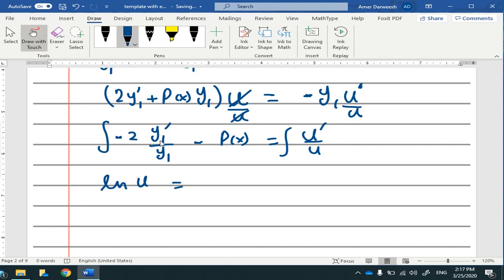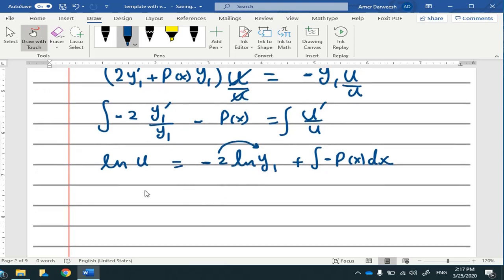Now the integral of this term becomes minus 2 natural log of y1 plus the integral of minus p of x. We don't know what p of x is. Now we pull up the negative 2, so natural log of u equals natural log of y1 to the minus 2 plus the integral of minus p of x dx.